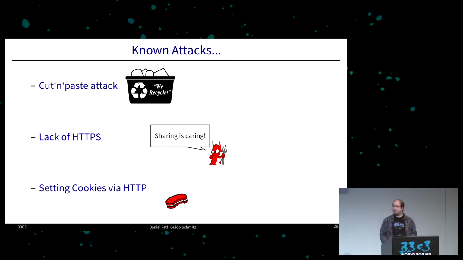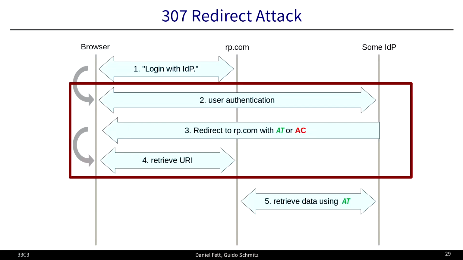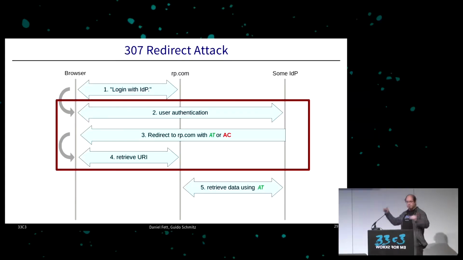So let's talk about some attacks we have found in our research. There's the 307 redirect attack, and it works like this. First, we have some regular OAuth flow, and if you have a closer look at what happens in steps 2 to 4, we have the user authentication, and after this authentication, the user gets redirected back to the relying party.